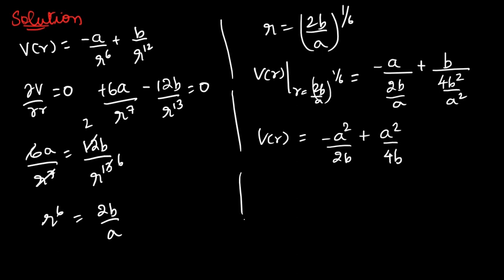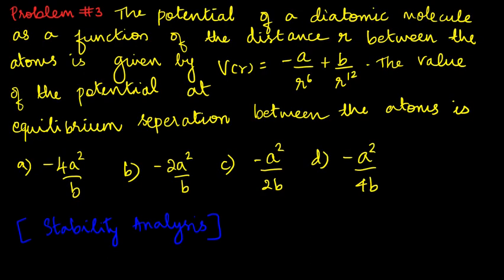On taking LCM and simplifying, you get the potential to be V of R is equal to minus A square by 4B, which is your option D. So you can see that from June 2011 and December 2011, we have a question from stability analysis.